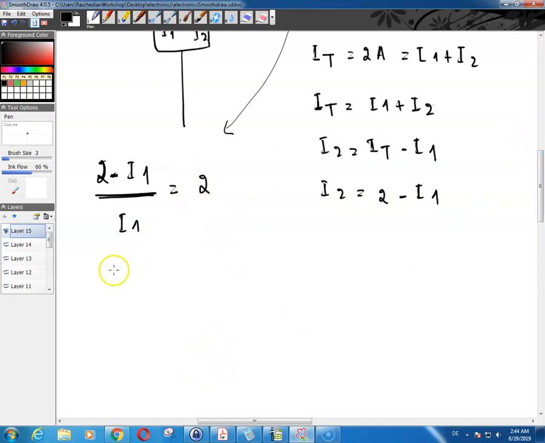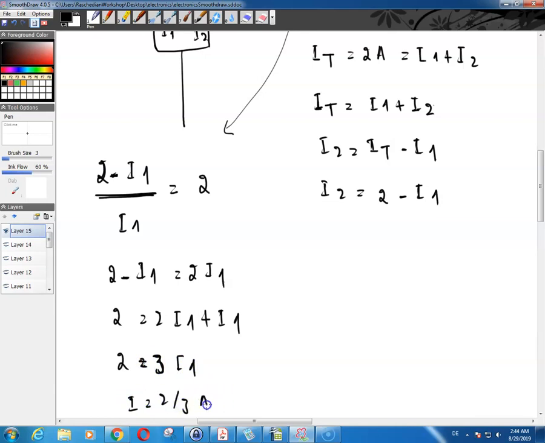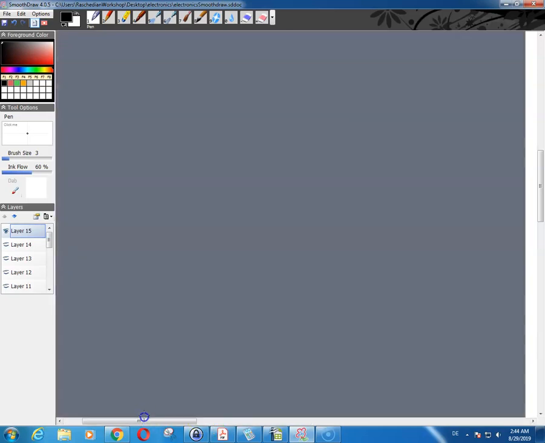So then you can write 2 minus I1 is equal to 2 times I1, and 2 is equal to 2 times I1 plus I1, and 2 is equal to 3 times I1, and I1 is equal to 2/3 amps. And we said that I1 plus I2 is equal to I of t. So now this is I1 actually. Sorry, this is I of 1.